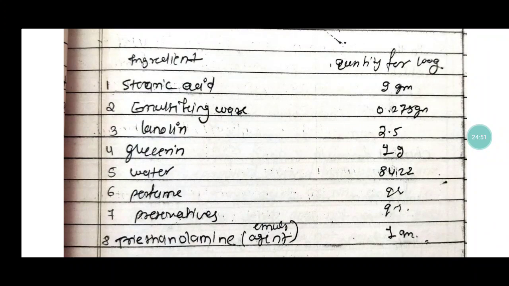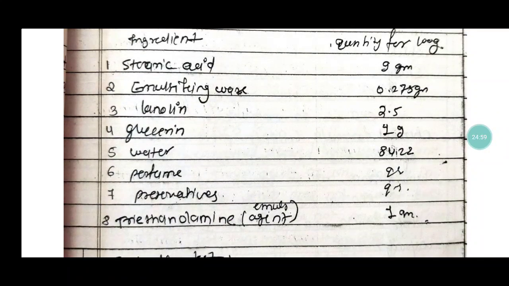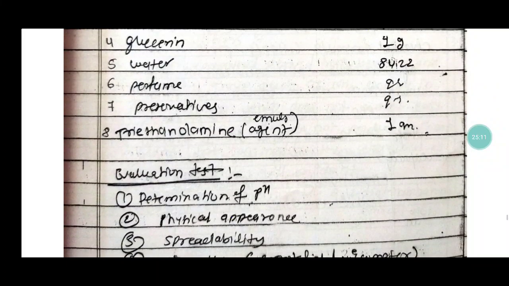And the formula for the moisturizing cream is stearic acid, emulsifying wax, lanolin, glycerin, water, perfume, preservatives, and triethanolamine, which acts as an emulsifying agent.